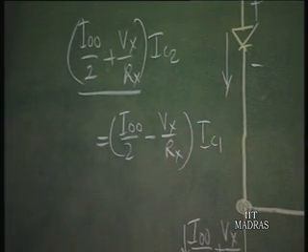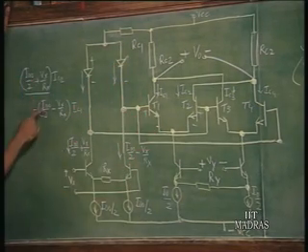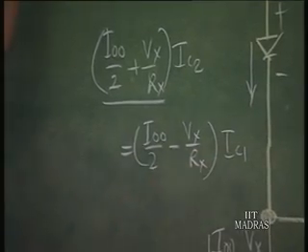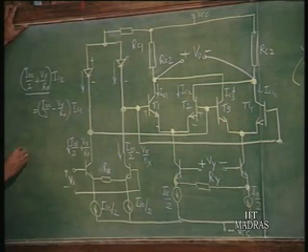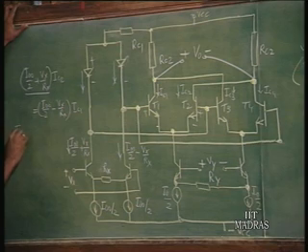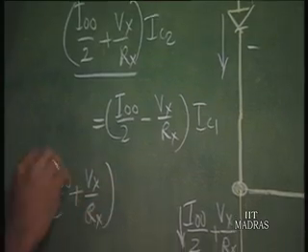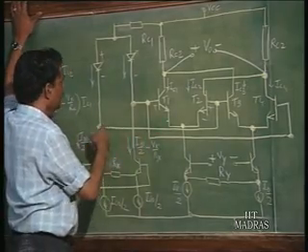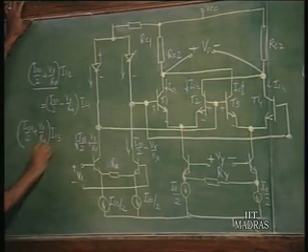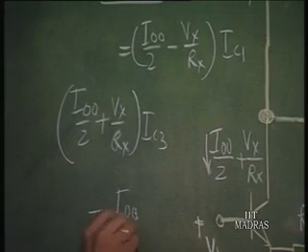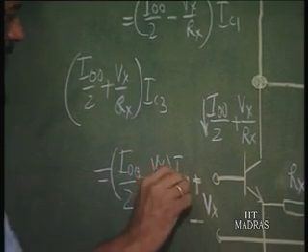And since these two voltages are adding, the same voltage is also applied to another set, and therefore what we get is I naught naught by 2 plus Vx by Rx into IC3 equals I naught naught by 2 minus Vx by Rx into IC4.